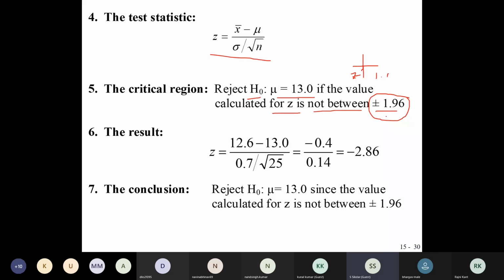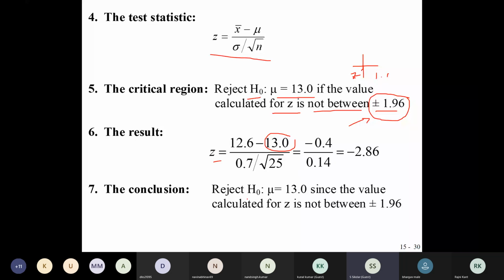You have to understand that this 1.96 has come from there. And the Z value, if you take this as 13.0, is x minus mu, and you substitute all those things and you get minus 2.86.